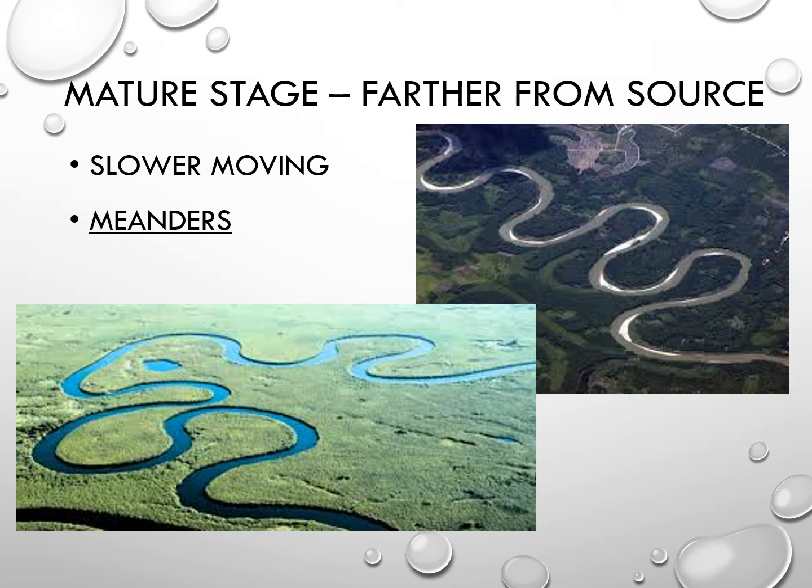So that is a big characteristic of the mature stage of rivers. The water in the meanders is moving faster on the outside of the curve and slower on the inside of the curve. So there's going to be erosion happening on the outside of the curve, and deposition happening on the inside of the curve.